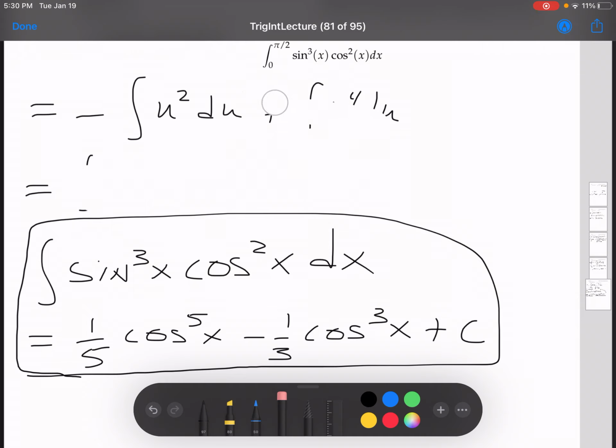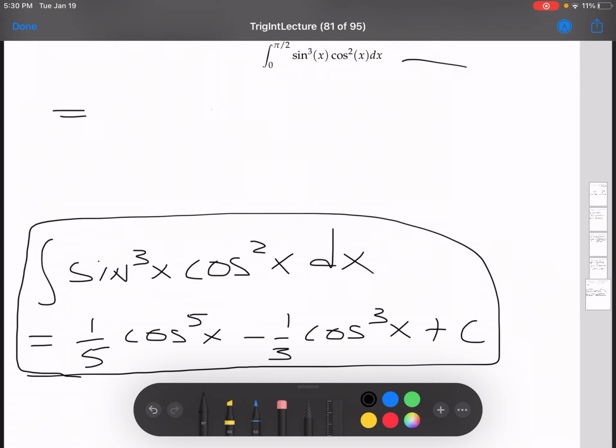Okay, that's not the answer, right? Because we want to plug in the bounds now. All right, so now actually solving this problem here.